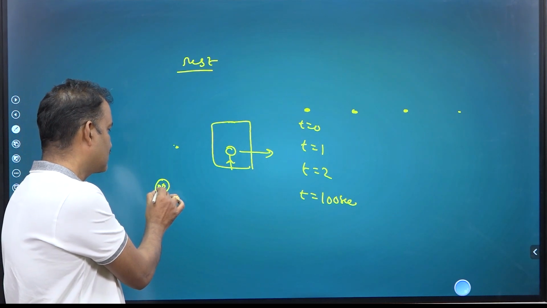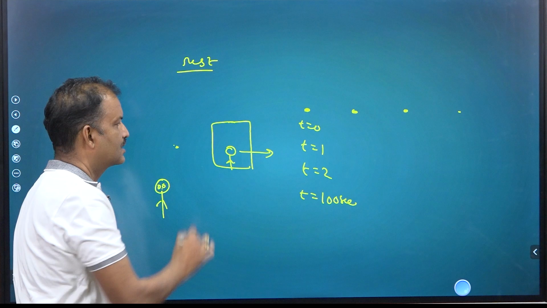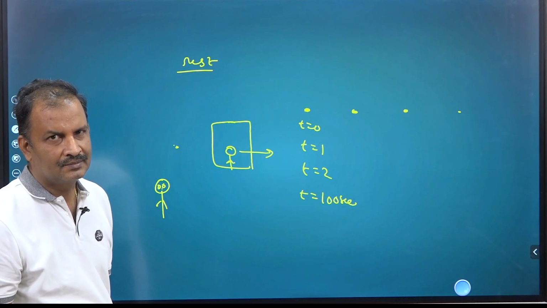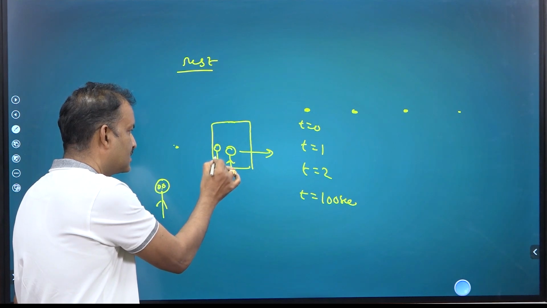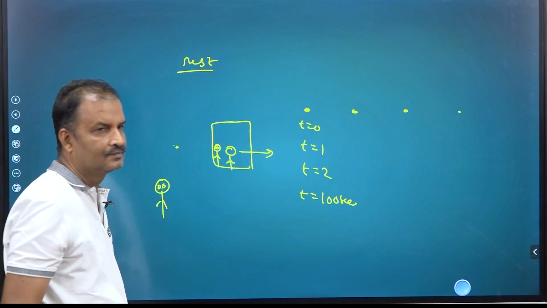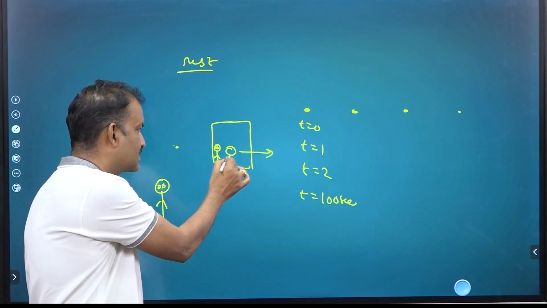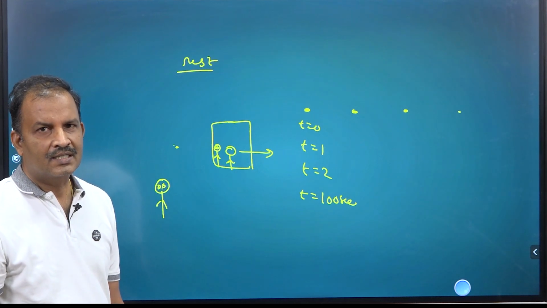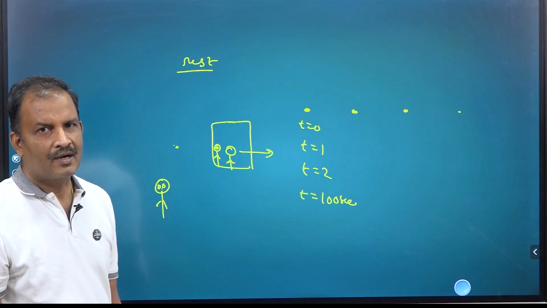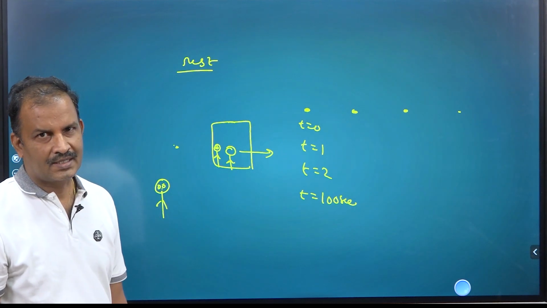So, with respect to him, this person is in motion. But with respect to another person in the bus, this person is at rest. So, motion and rest depend on the frame of reference.